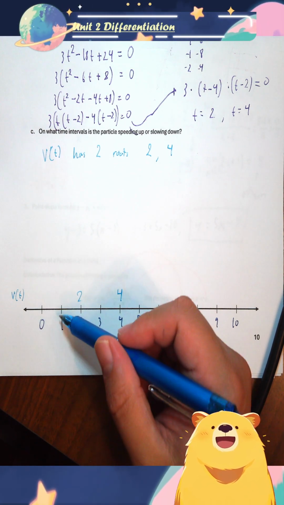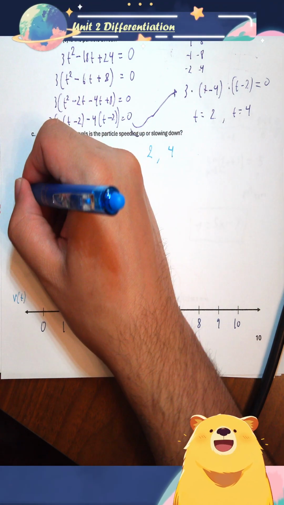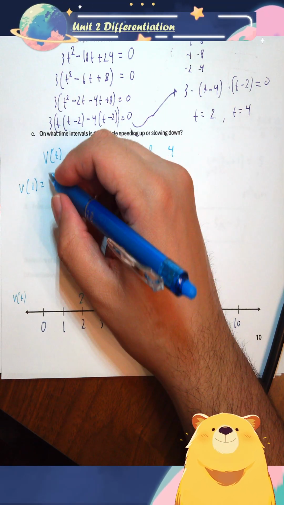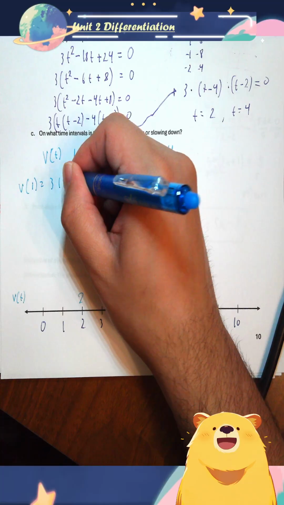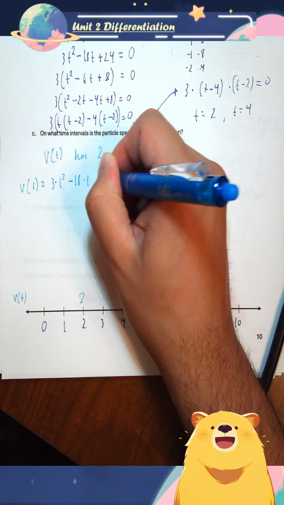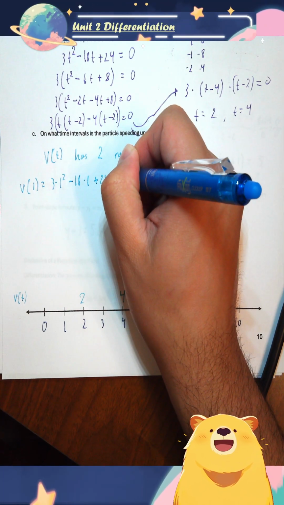Let's check to the left of 2. Let's pick an easy one. Let's pick 1. So v of 1 is equal to 3 times 1 squared minus 18 times 1 plus 24.